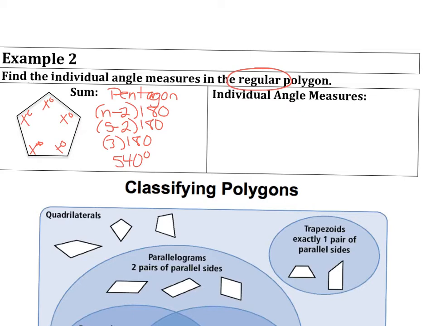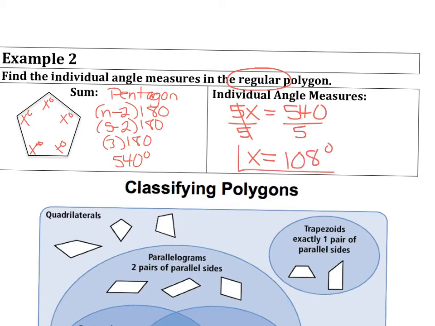So if you think about it, the sum of all of those, x plus x plus x plus x plus x, is just 5x equal to the angle sum, which will allow us to solve for what each of those x's are. So to solve this equation, we just simply divide by 5. And we get an answer of 108 degrees. So each angle of a regular pentagon measures 108 degrees.